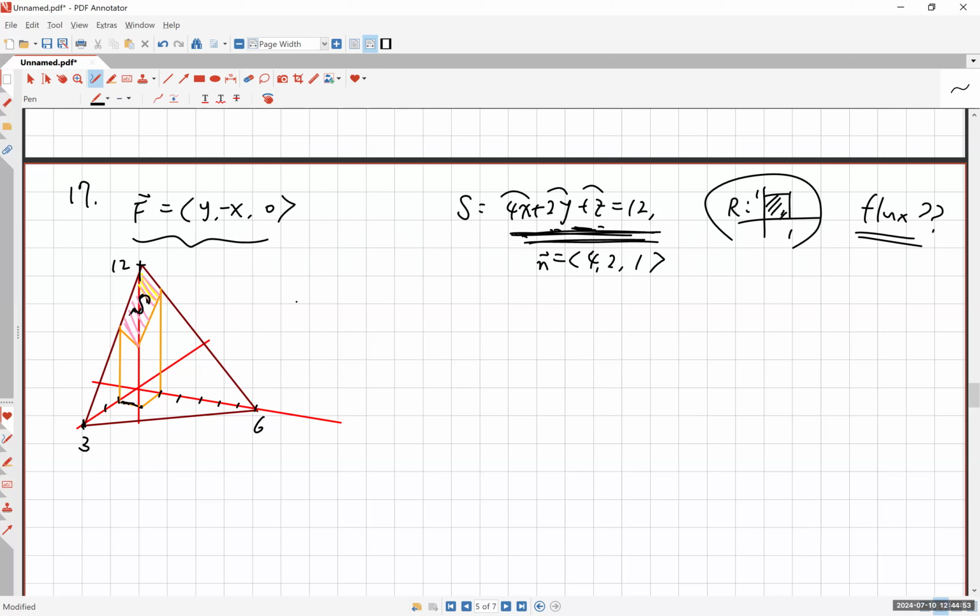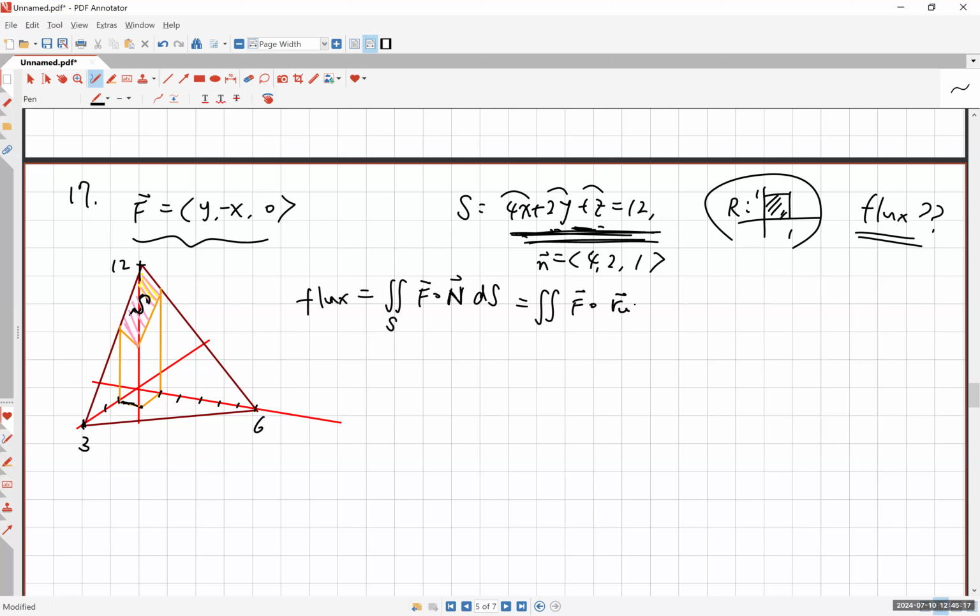Okay, so how do you find the flux? What do you need to know? Okay, well, the flux is by definition F dot N, this is something that is perpendicular to the surface, dS. That's what you need to do. But remember, in chapter 6, we worked hard to show that this is actually equal to... Now, remember, this is a unit principal normal vector.